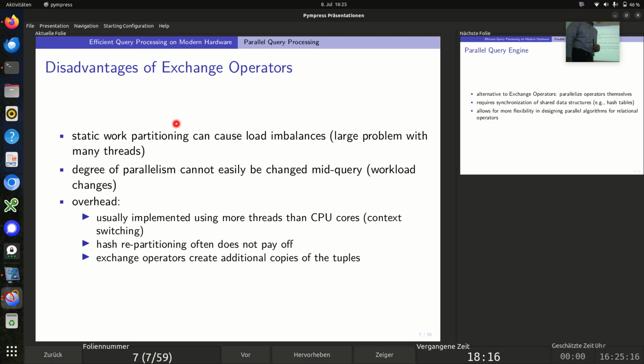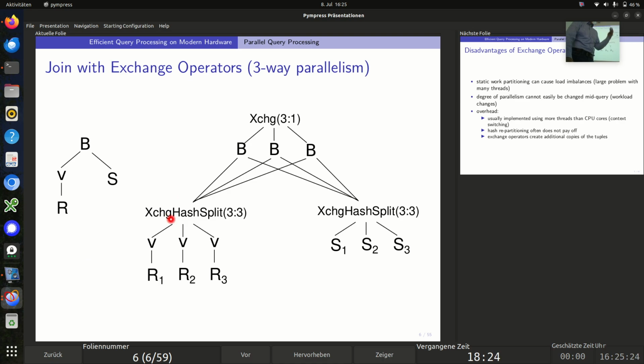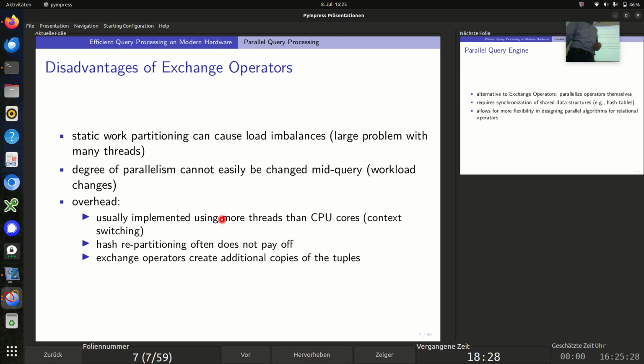The degree of parallelism cannot easily be changed mid-query, because you have your 3 partitions and you fix this in advance, so you cannot change the degree of parallelism adaptively to the workload.